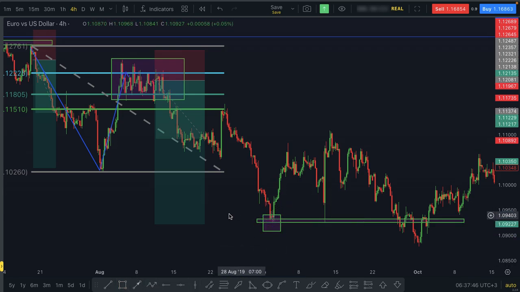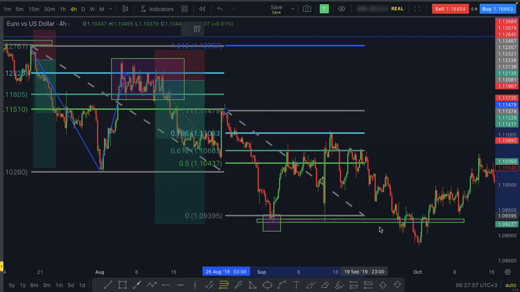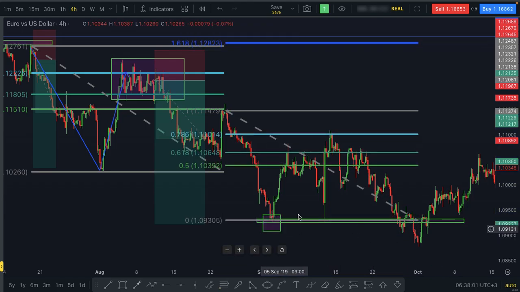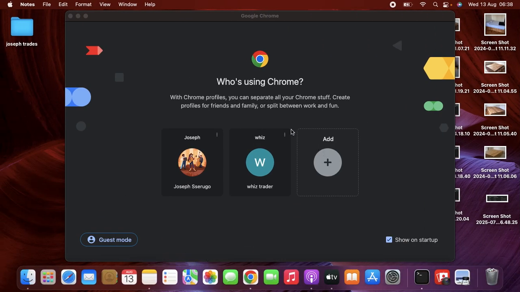So what we're going to do here is we can as well still use a fib tool. So that means from this point to this point. Okay, so from that point, then this is where we're going. Oops.